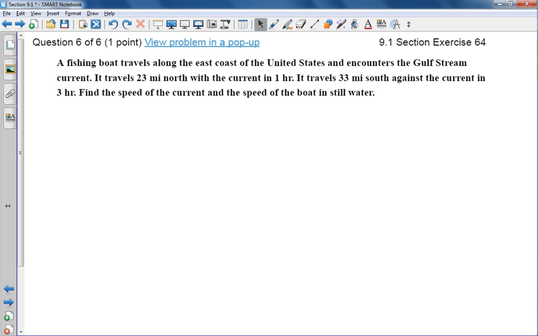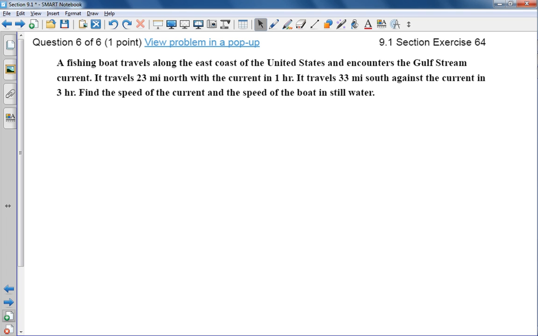There is a boat. It moves north and south. It travels from north to south. But there is a Gulf Stream current. That means when you are going north, the stream pushes you faster. So your speed is faster when you're going north. When you're coming back south, your speed is slower because you are against the current.